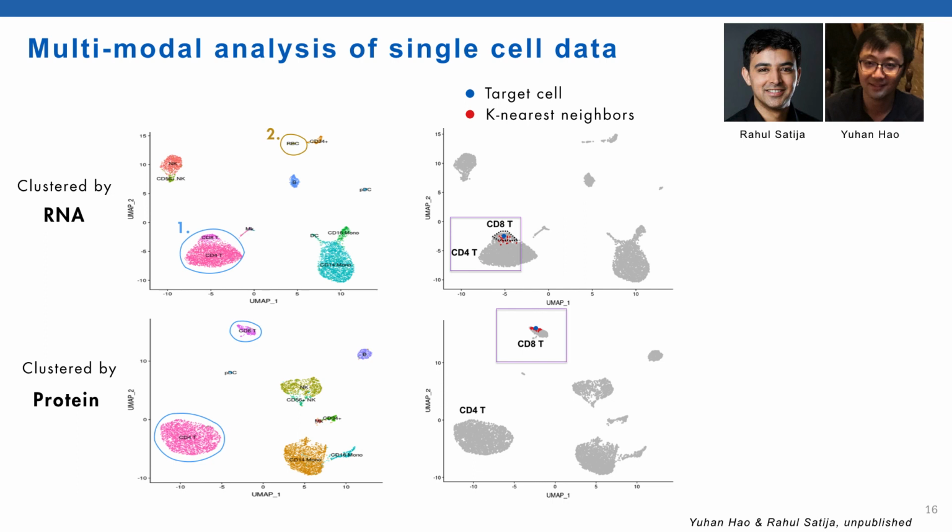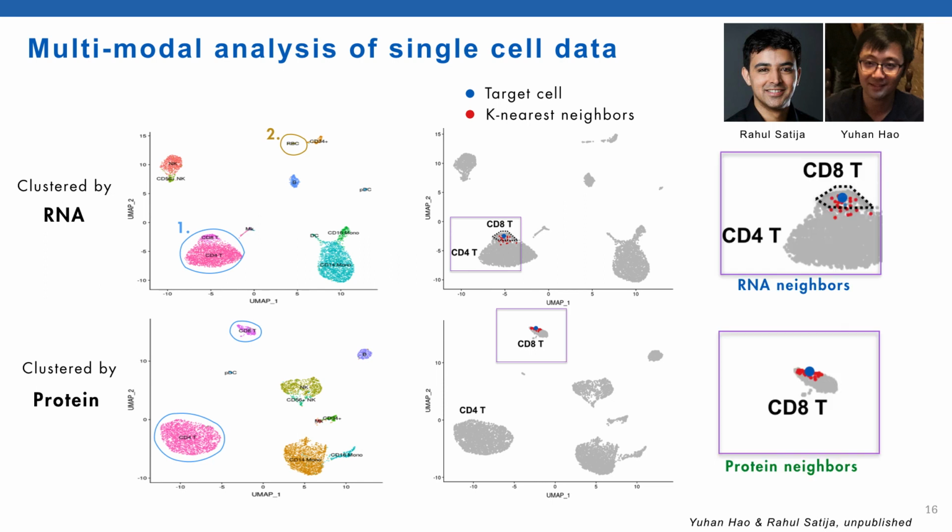So they took an approach, explained here in the next few animations, where you have a target cell shown here in blue and you look for the nearest neighbors of that particular cell. I'll blow this up a little bit so you can see more clearly what happens when you consider RNA neighbors versus protein neighbors.